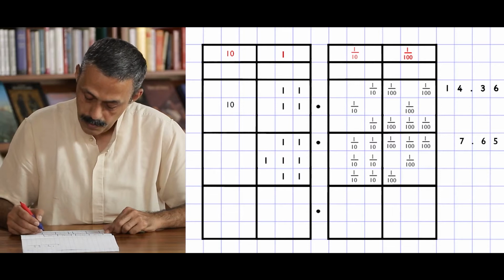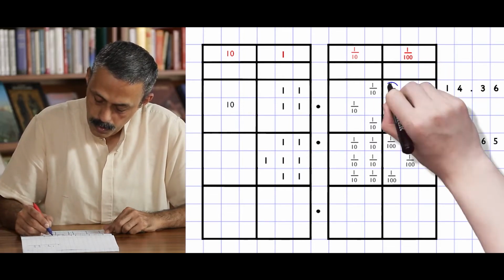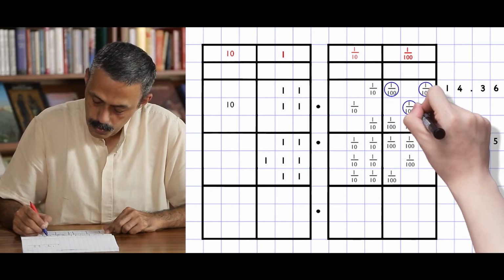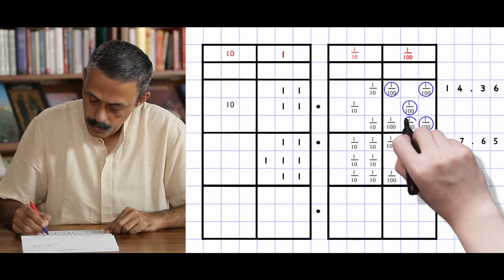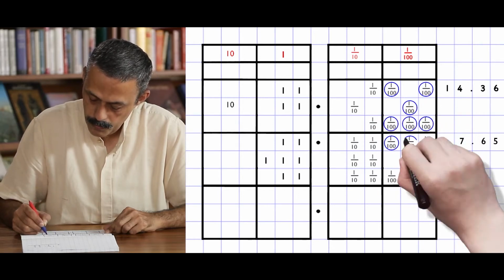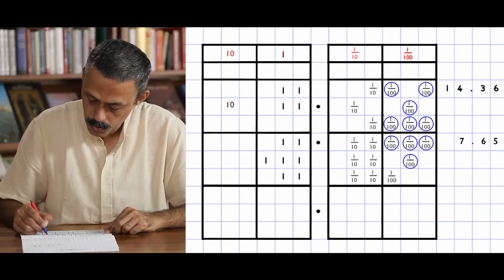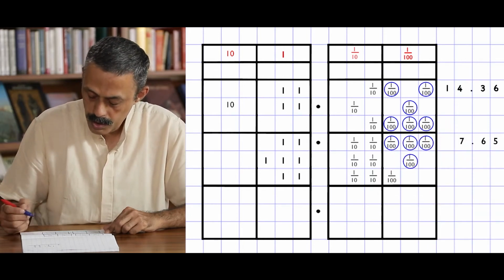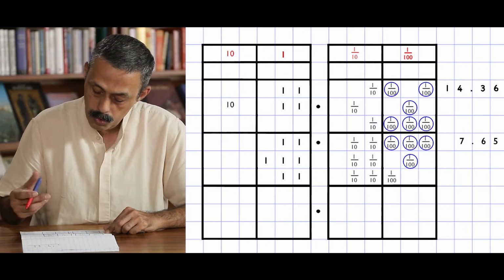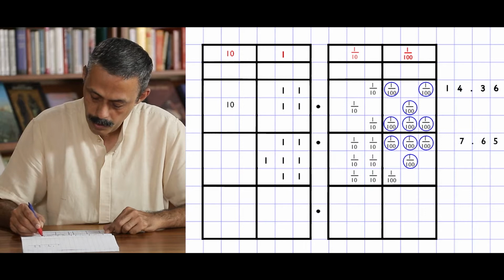How many do we have? Let us count. 1, 2, 3, 4, 5, 6, 7, 8, 9, 10, 11. But when we say 10, we have to make a bundle.